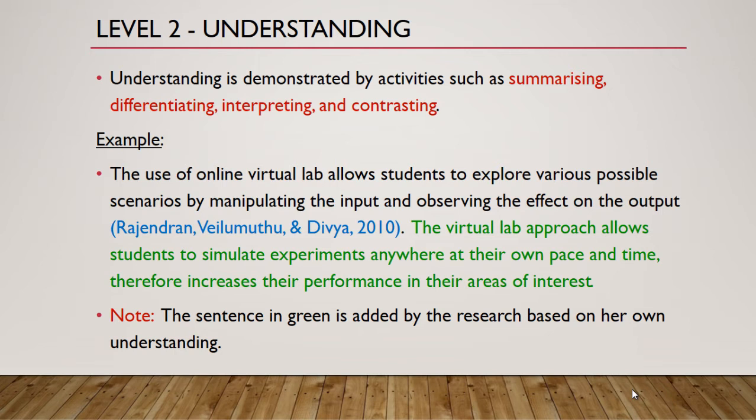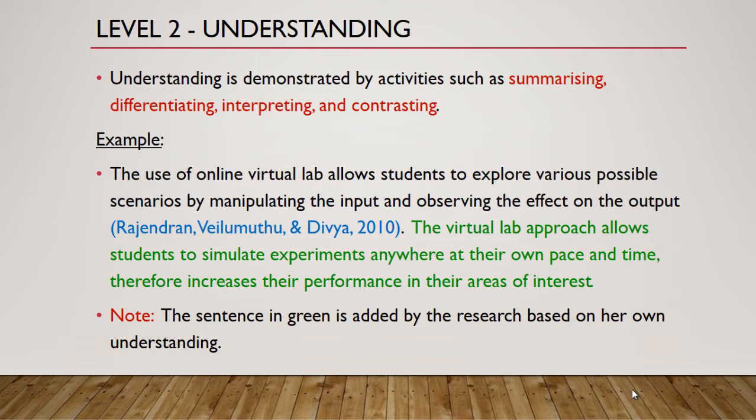So meaning that you are allowed to give your views. That is why it is called literature review. If you just retain the part from the use of online virtual lab and so on, which is paraphrase, it's literature citation, it's not literature review.